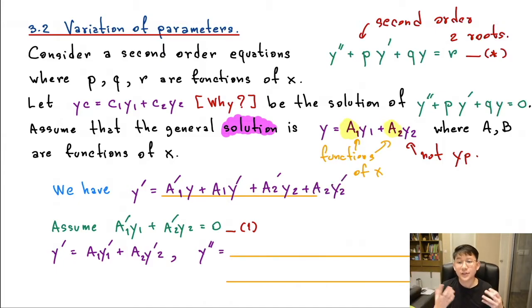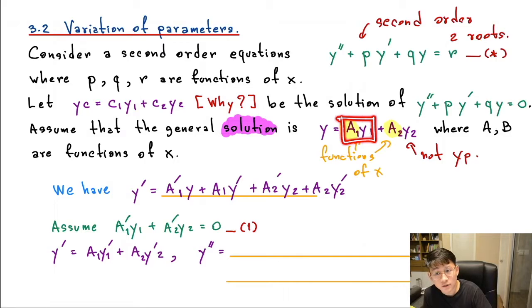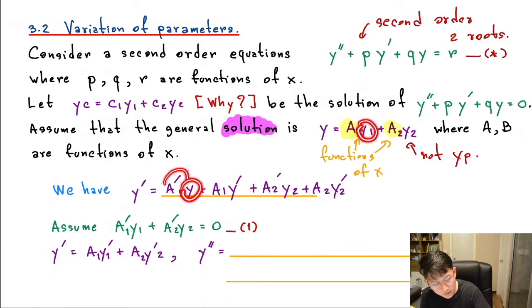Because a1 and a2 are functions of x, if you want to differentiate this, you want to find the derivative of this function, you need to use u dv plus v du. That's why you have u dv plus v du, so here it needs to be y1, y1 prime, y2, y2 prime.